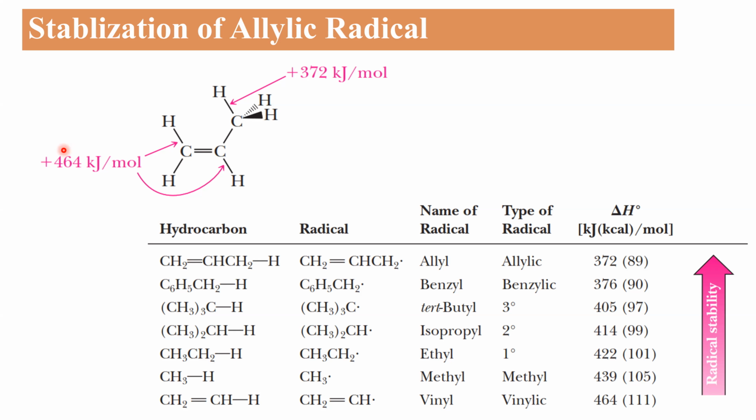Another relationship between bond dissociation energy and radical stabilization is that if we need a higher amount of energy to break a certain bond, it means that the radical, cation or anion which forms after breaking that bond is not as stable as the other one.